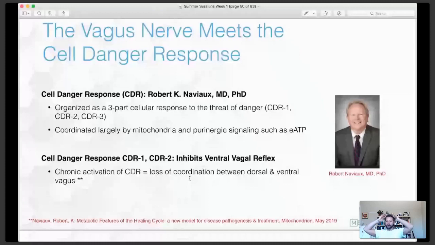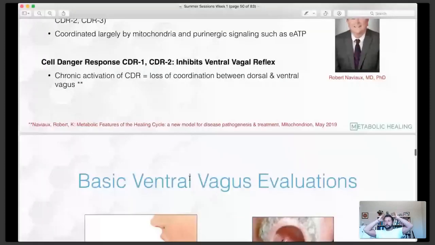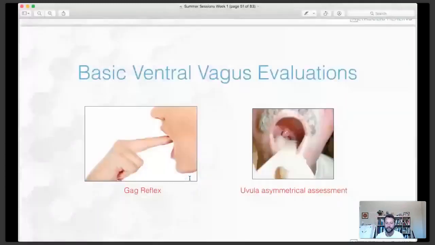First of all, again, I want to say that we need more conclusive, definitive vagus evaluations, but we have a few things we can use now. The gag reflex: you could stick your finger in the back of the throat, and teach your client to do this. If they have no gag reflex, then it's a possible vagus nerve deficiency.